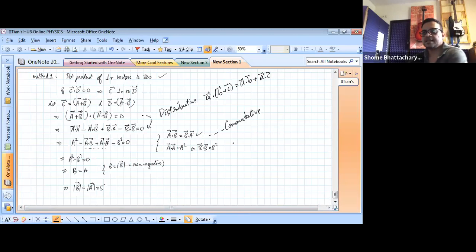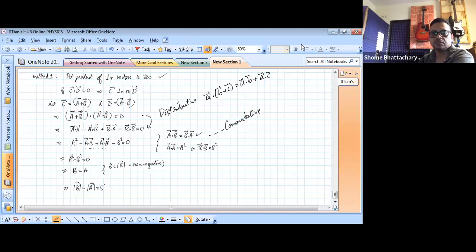So we are using some special aspects of the dot product to solve this. Yeah, this is only method one.